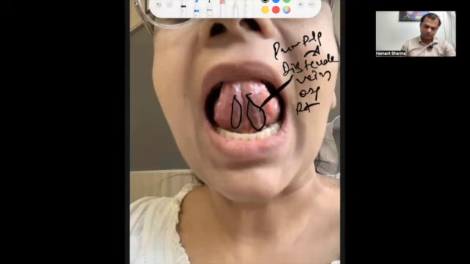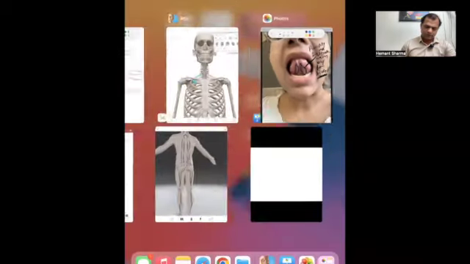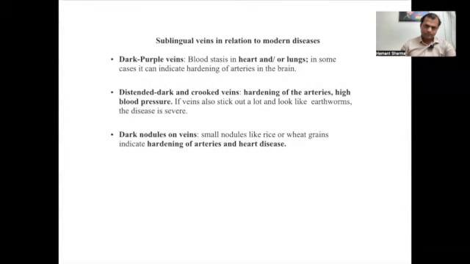This is also blood stasis. So the purple and distended, dark distended veins are showing the disease is severe, the blood stasis is severe. So we need to take care.